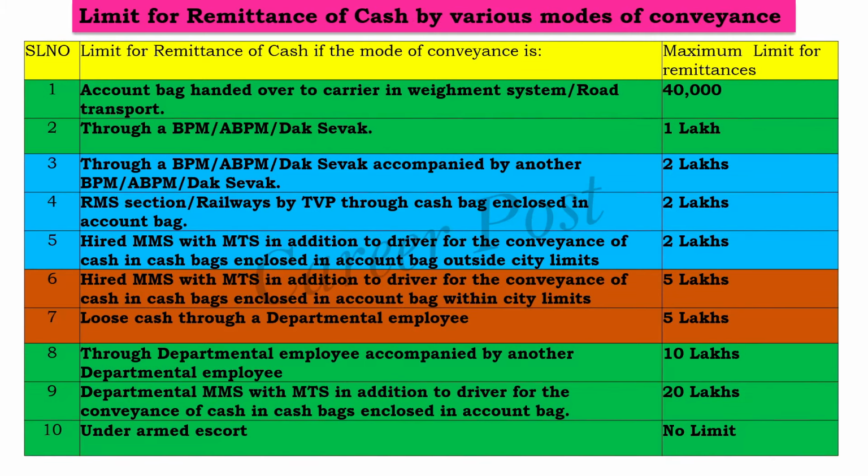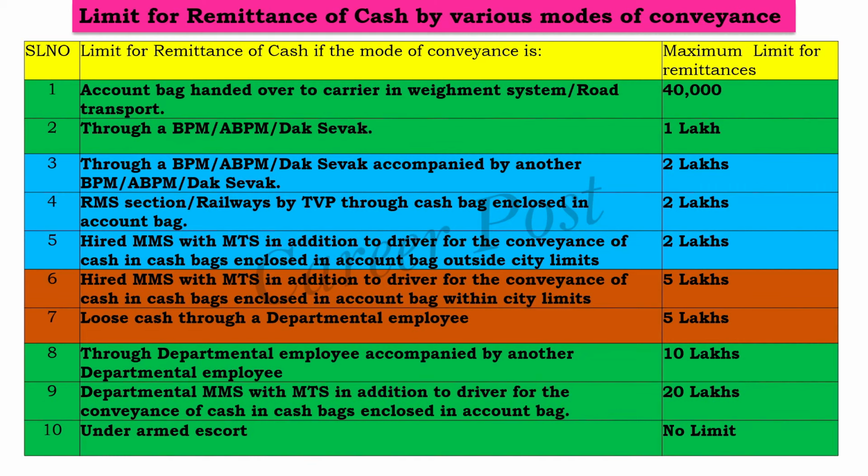Now let us see the limit for remittances of cash by various modes of conveyance. In volume 6 part 3, in the recent one, under rule 9 of volume 6 part 3, you will find these limits for remittances by various modes of cash conveyance. That is, different modes of transport for remittances of cash are railways, motor vehicles, tongas, boats, etc. The limits for remittances by various modes of conveyance are amended as under.